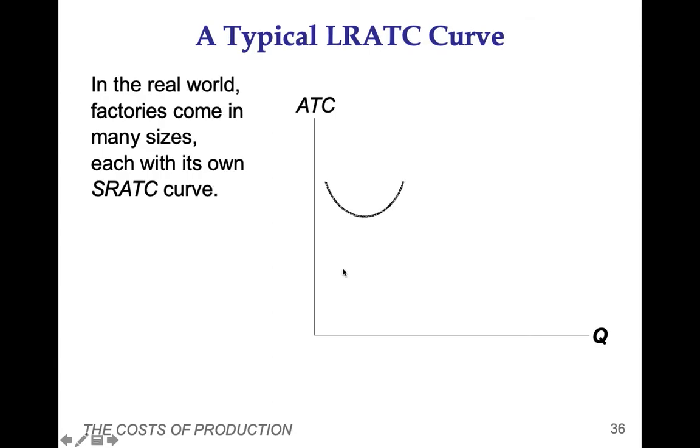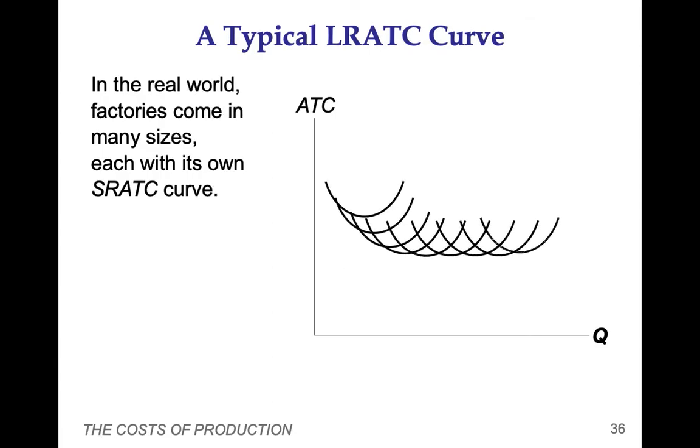Of course, in the real world, factories come in many sizes, each with its own short-run average total cost curve. So instead of only three sizes, there are many sizes, like here.